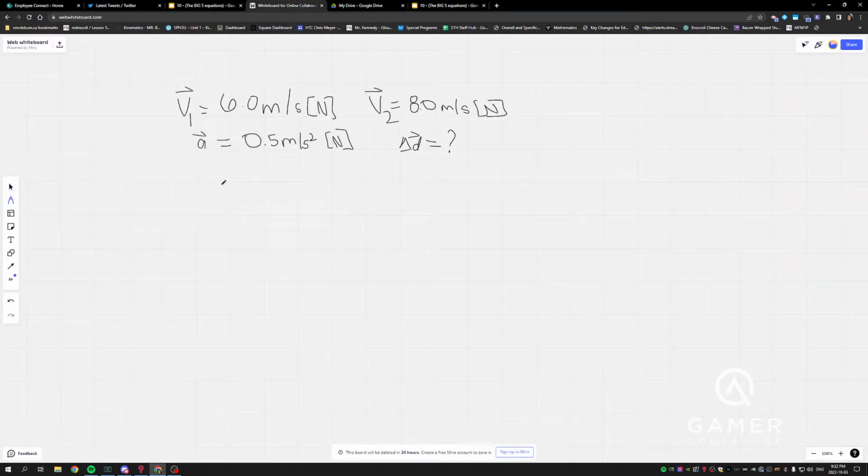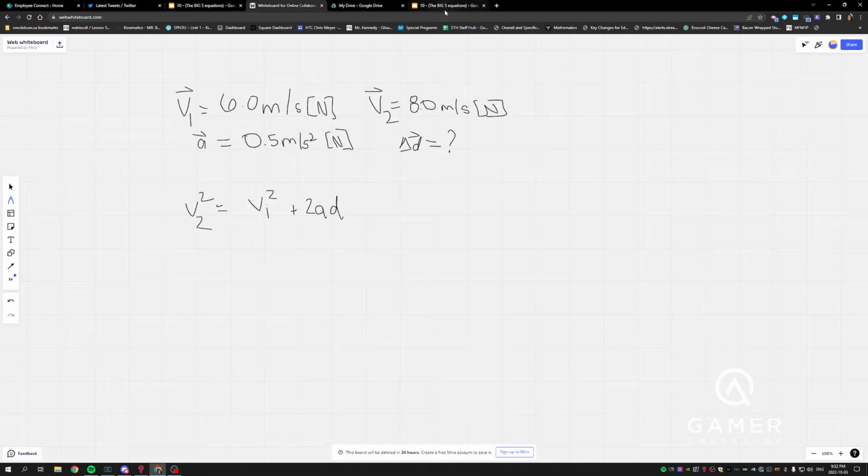So I'm going to now rewrite my equation. So I have my V final, or I guess I should keep it as a V2, equals my V1, and these were squared, plus 2AD.